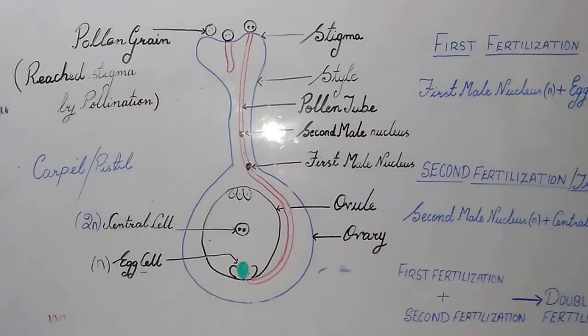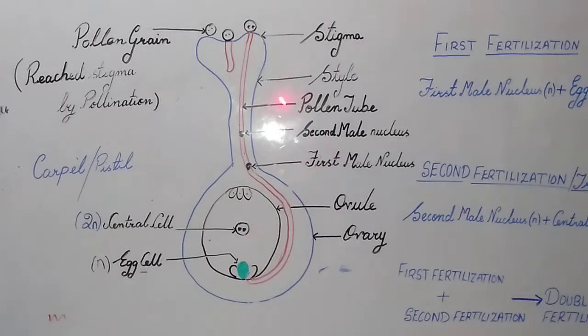Pollen grain is the male gamete that is produced in the anther, and by the process of pollination it reaches the stigma. So the main function of stigma is to receive pollen grain. It is the site at which the pollen grain lands.